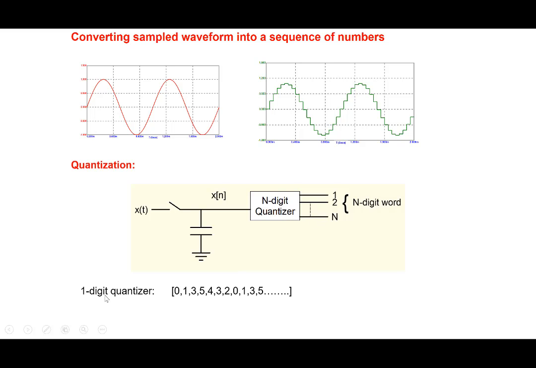If it's a 1-digit quantizer, then each sample point is converted into a single digit like 0, or some other digit. With a 2-digit quantizer, 2 digits are used to represent each particular sampled voltage, like 00, 12, and so on.